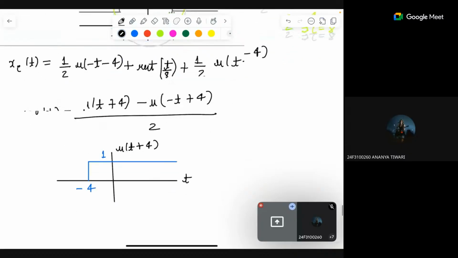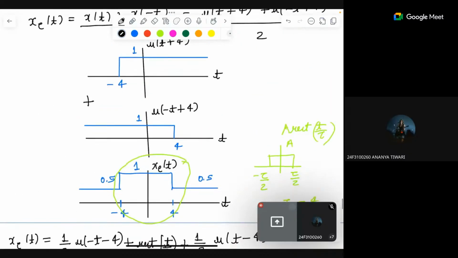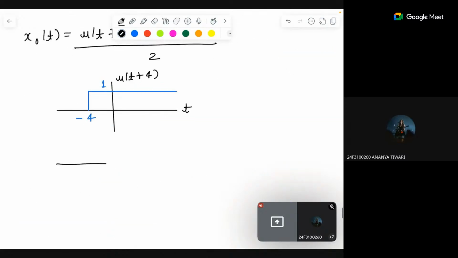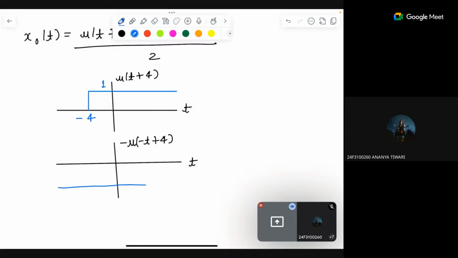Can you see this second signal, x of minus t? Now if we do the amplitude reversal, this is what it will look like. Basically 1 will become minus 1, right? So I will draw that here for the odd part. This is minus u of minus t plus 4.